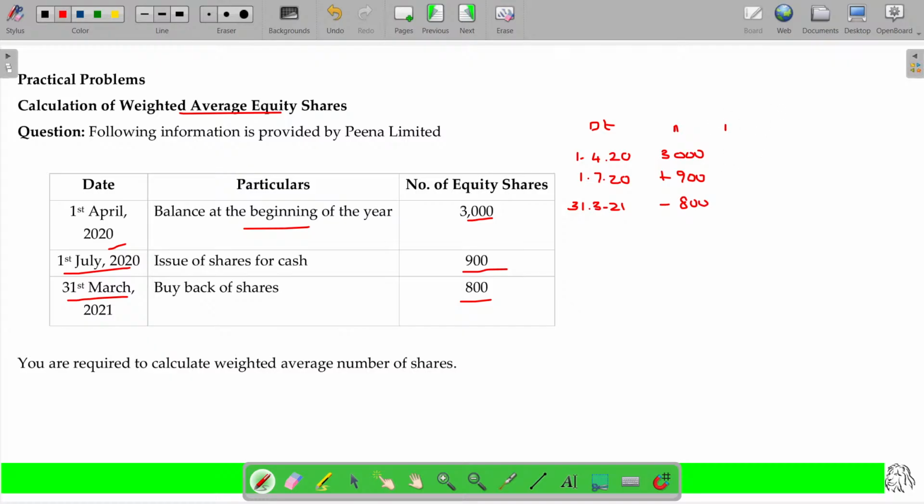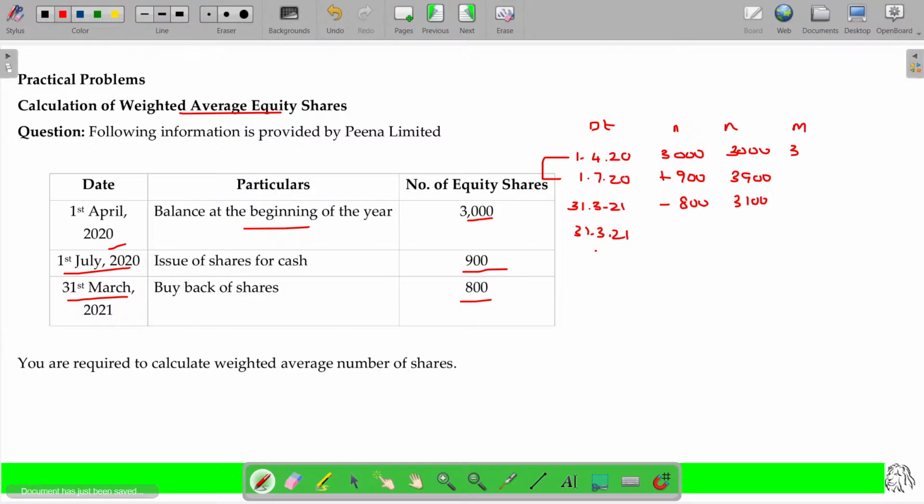Now what about the number of shares you have? You have 3000 from 1st April to 1st July 2020. On that date your shares become 3900. Thereafter 800 subtracted, 3100 shares are there. So you have to find out the weighted average number of shares. How many months do we have the shares being 3000, from 1st April to 1st July? April, May, June, 3 months.